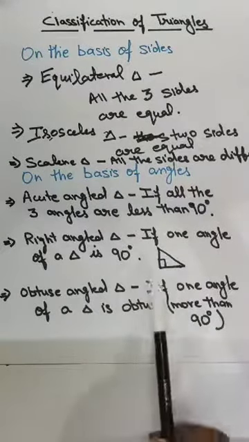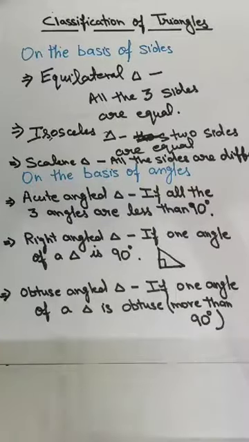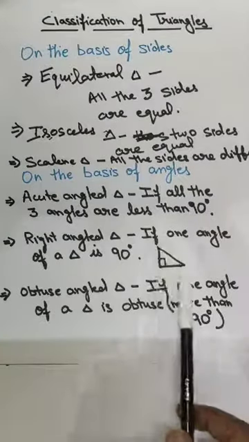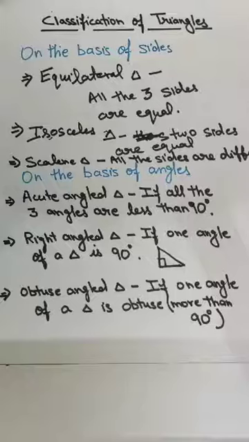If one angle is of 90 degrees, what can you say about the other two angles? What type are the other two angles? They are acute. They can never be obtuse. We cannot make any triangle with two right angles. I will tell you that later on.